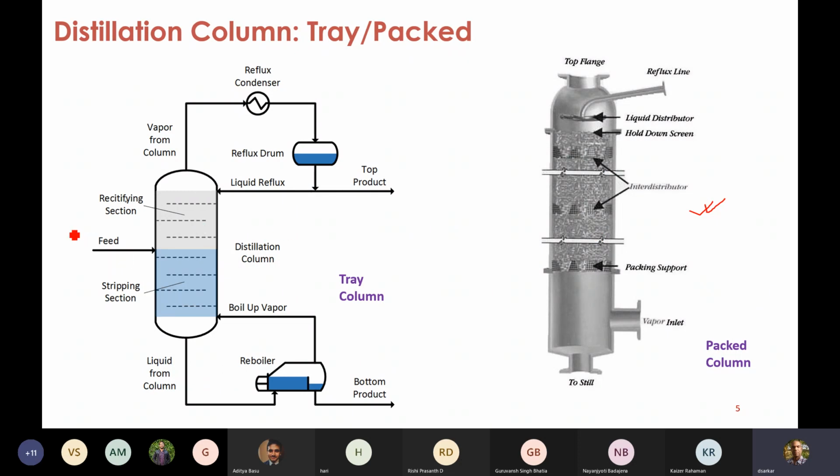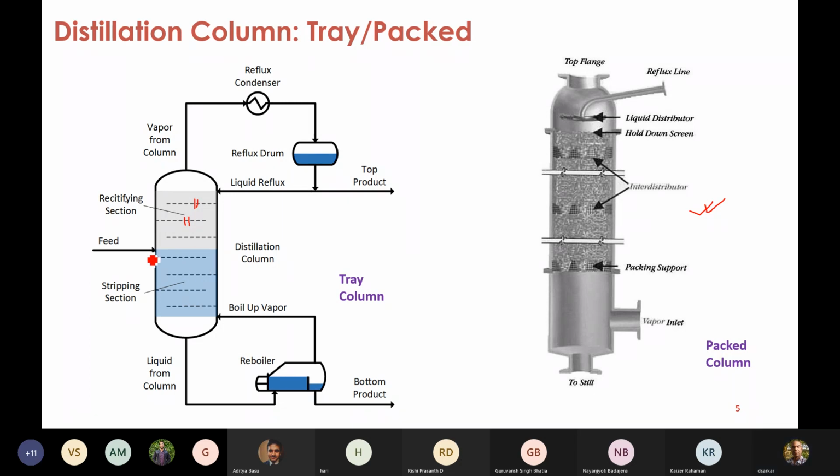Now, let us focus our attention on this. I'll just go through the nomenclature for the benefit of this presentation. So we have a tray distillation column, meaning that we have these devices which we call trays, which are nothing but devices for bringing a liquid phase and vapor phase into intimate contact with each other, so that mass transfer takes place between these two phases.